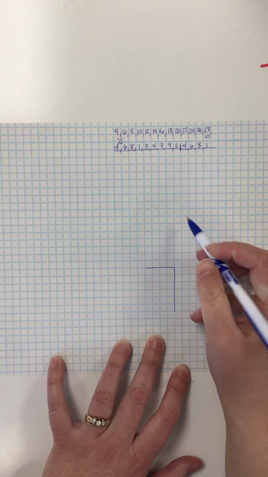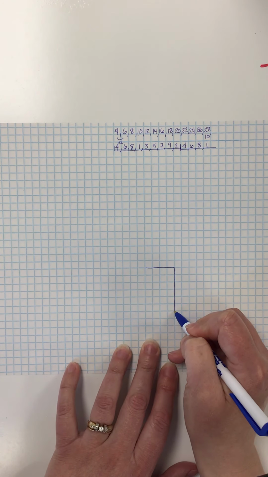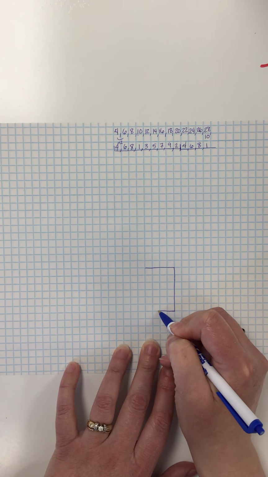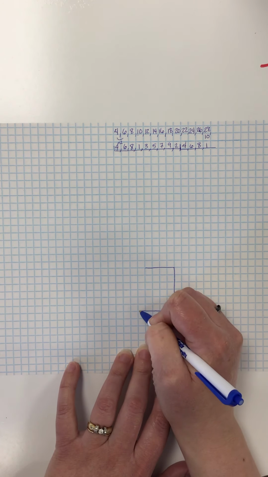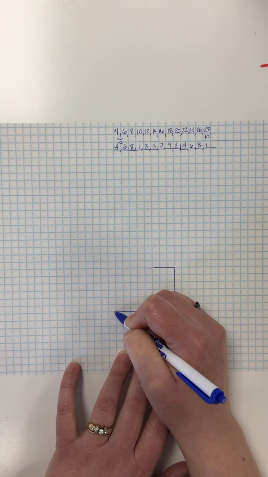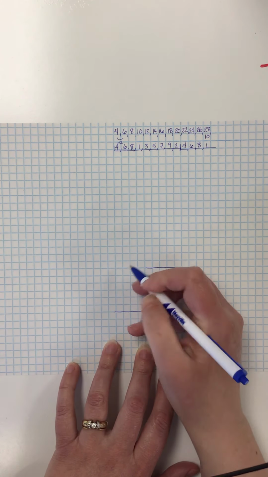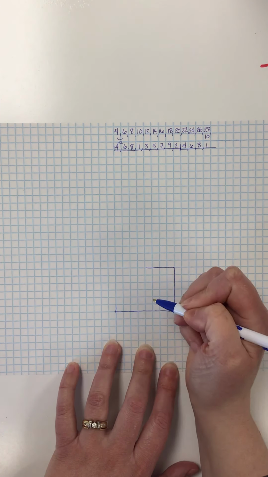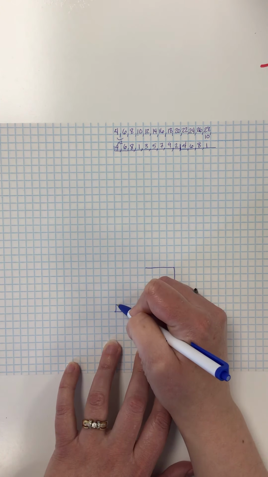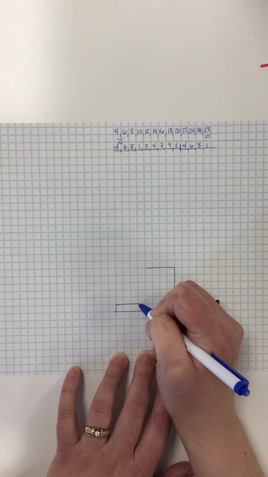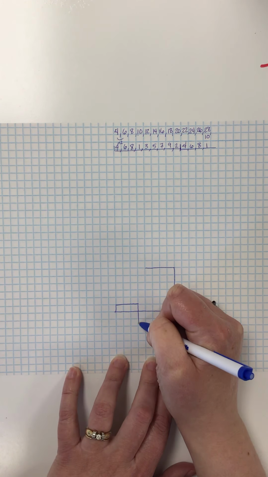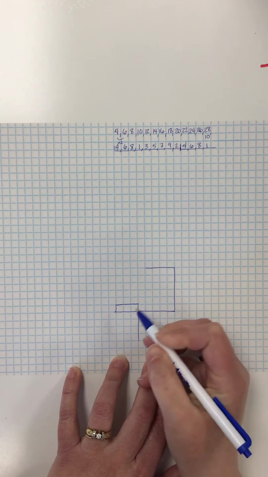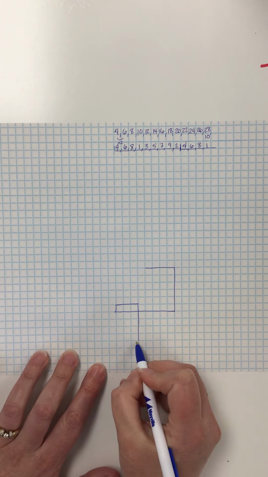Okay. And then my next number is 8. So I've got to turn right and go 8. So 1, 2, 3, 4, 5, 6, 7, 8. And then I turn right and I go 1. And then turn right and go 3. And then 5. And then what's my next number? 7.